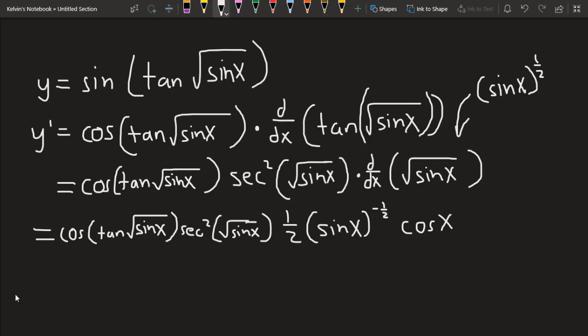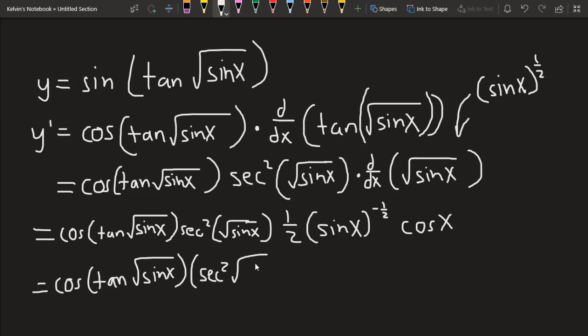And if you simplify all of this together, it would just be equal to cosine tangent root sine x times secant squared of root sine x times cosine x.